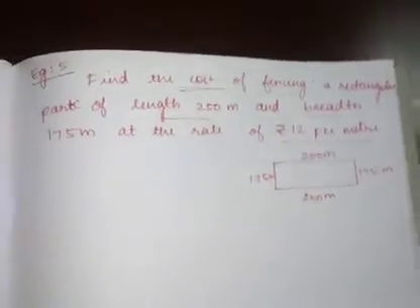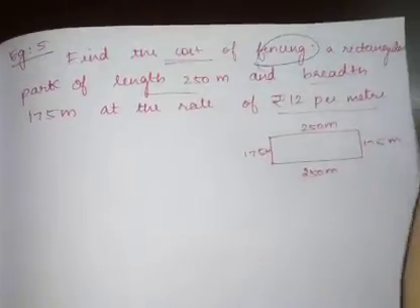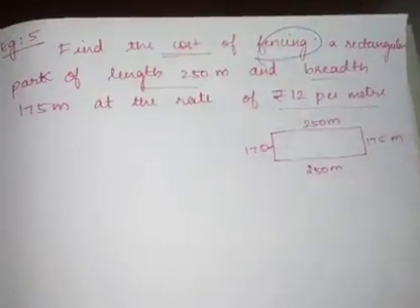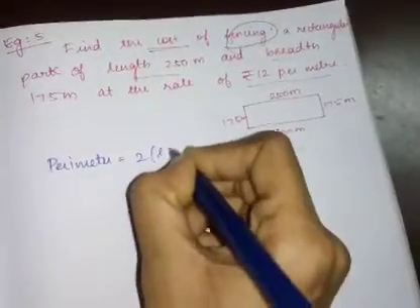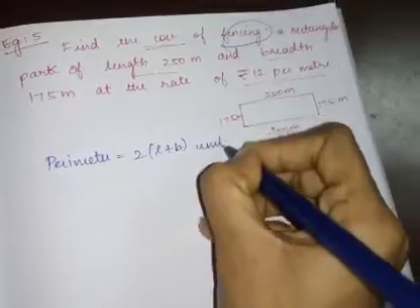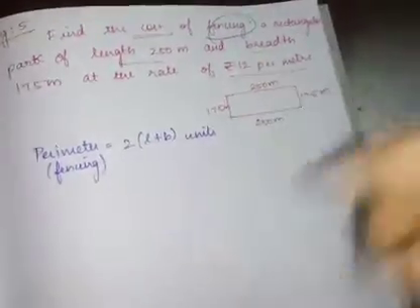So whenever the fencing topic comes, you can use the perimeter, because perimeter is fully related to fencing. Perimeter is equal to 2 into (L plus B) units. Perimeter is nothing but fencing, and it takes place in the boundary.